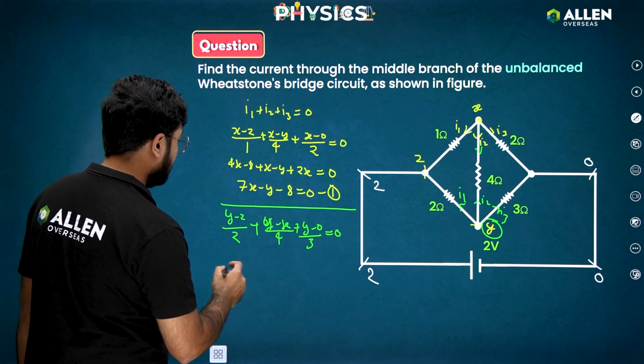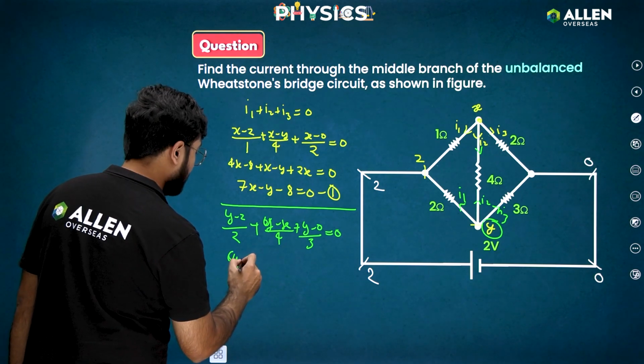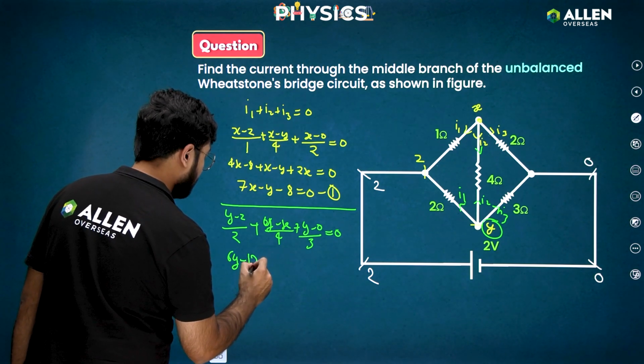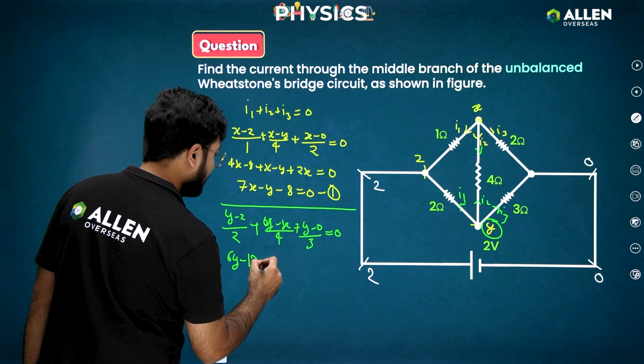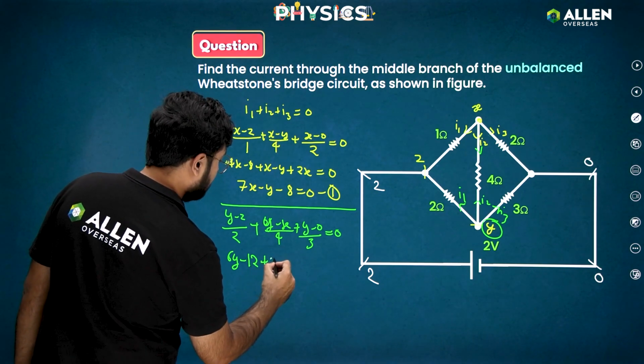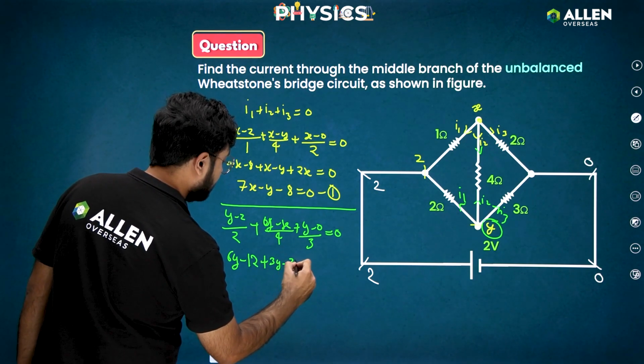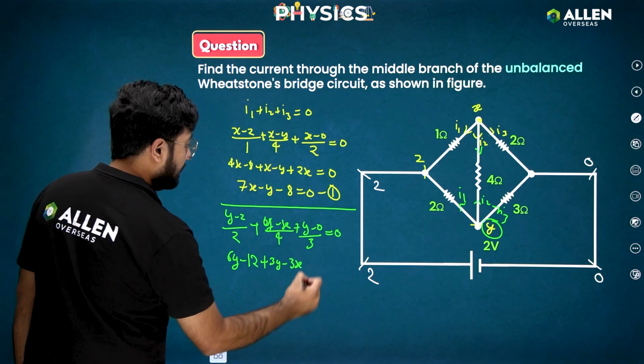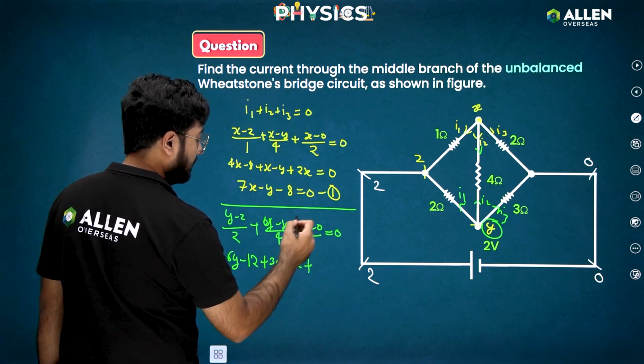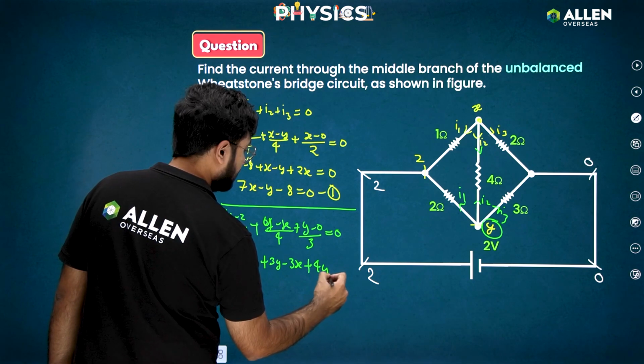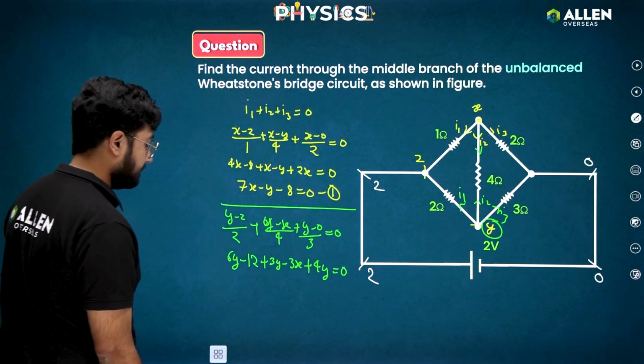LCM would be 12. So 6y - 12 + 3y - 3x + 4y. This thing is equal to 0.